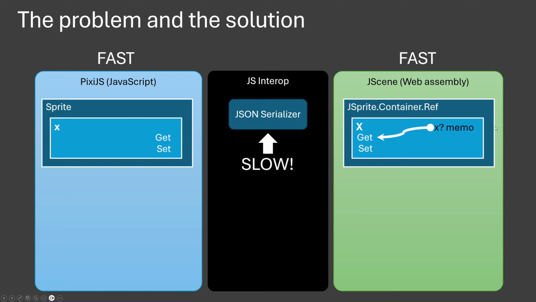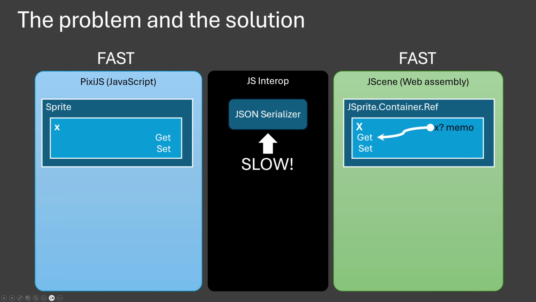It's not completely memoized here because we need to get the initial value from JavaScript, and that is done once. But then, when it's done once, we have a private field of the same type as our property, get the value first, and then whenever we're getting the value, we're getting it from the memo, not from JavaScript.